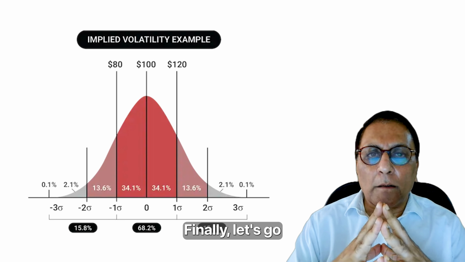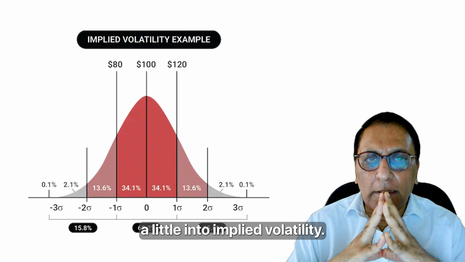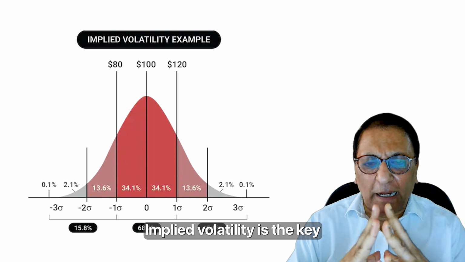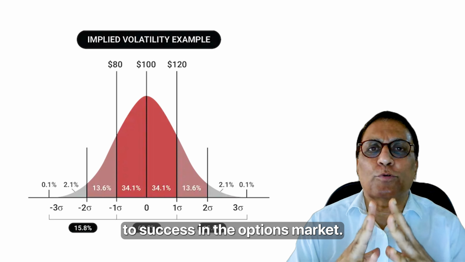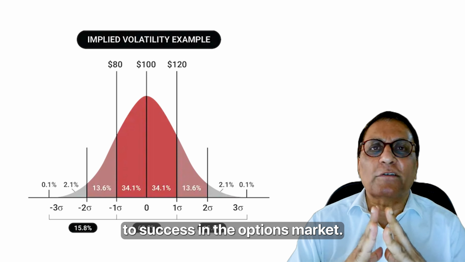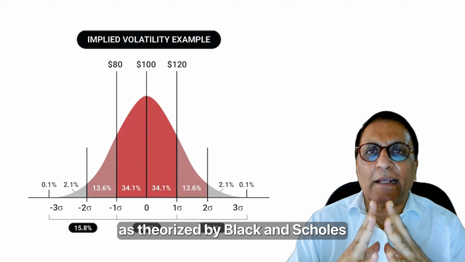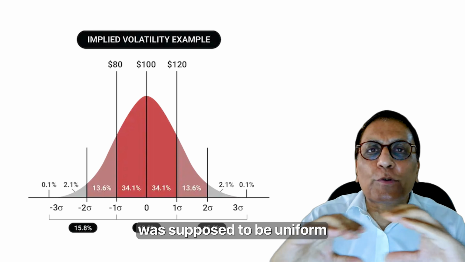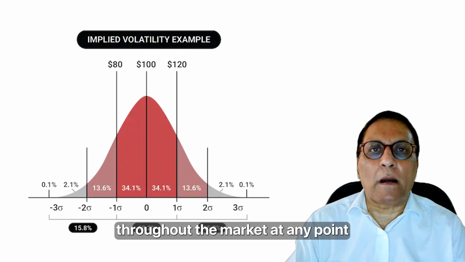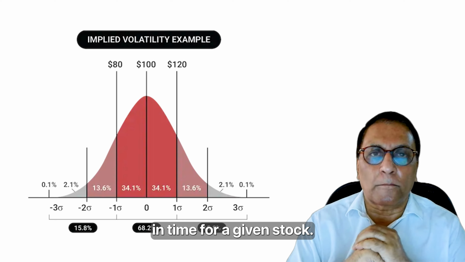Finally, let's go a little into implied volatility. Now, implied volatility is the key to success in the options market. The implied volatility, as theorized by Black and Scholes, was supposed to be uniform throughout the market at any point in time for a given stock.